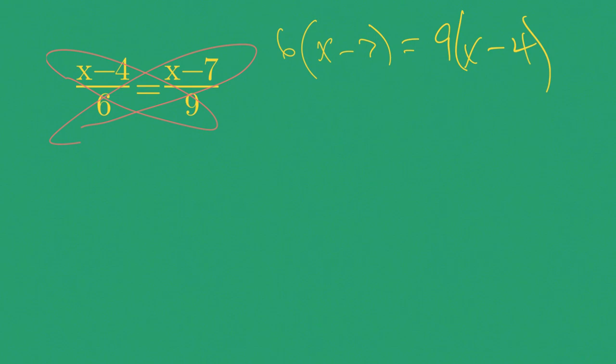All right, let's do some distribution here. What do we get if we distribute that 6? 6x minus 42. Good job. Make sure we're getting to both terms.